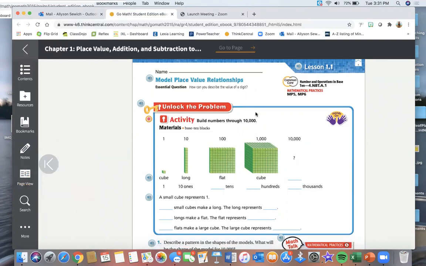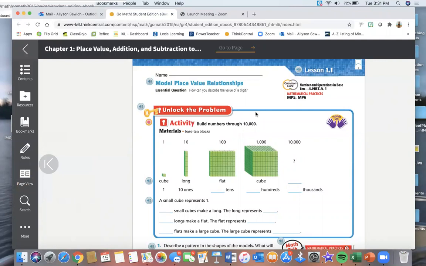All right. So we are going to be doing lesson 1.1, which is model place value relationships. So the essential question, our main question that we're looking at, is how can you describe the value of a digit? So if we're looking back to the worksheet that we did yesterday when you were at home, you looked at numbers like, for example, 645, okay?